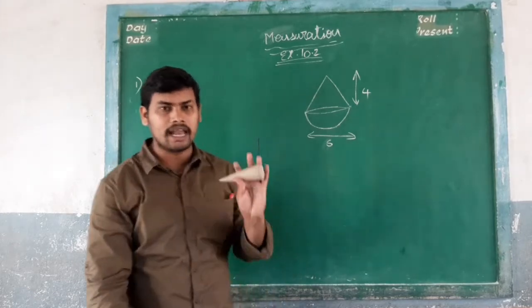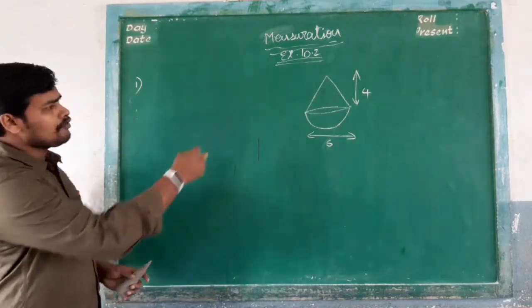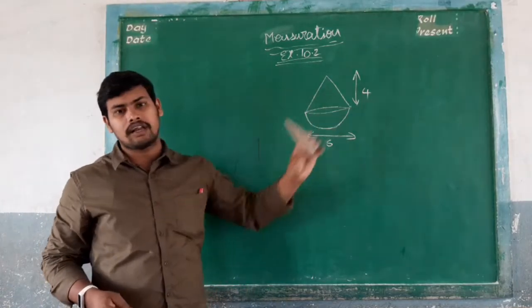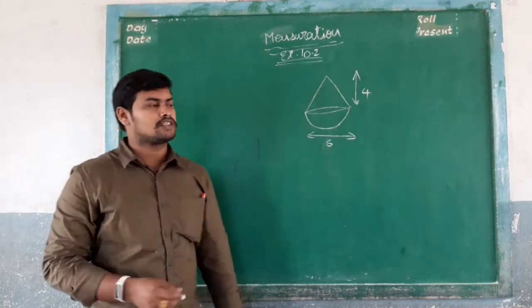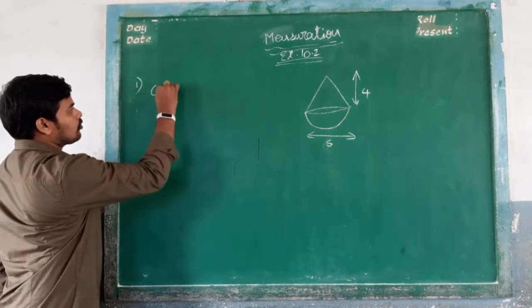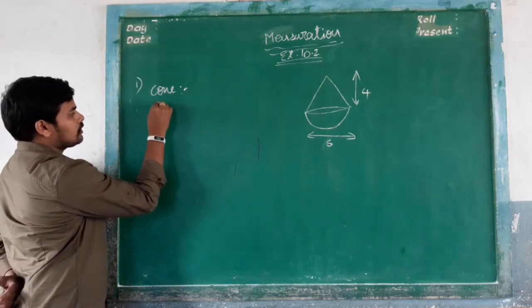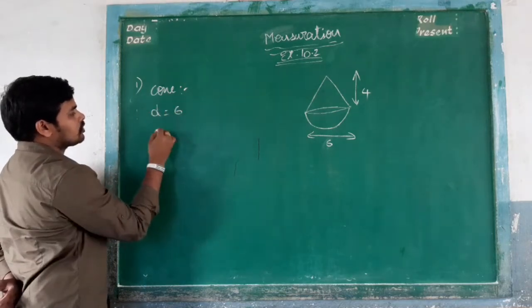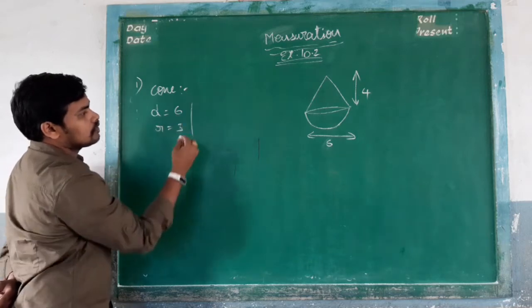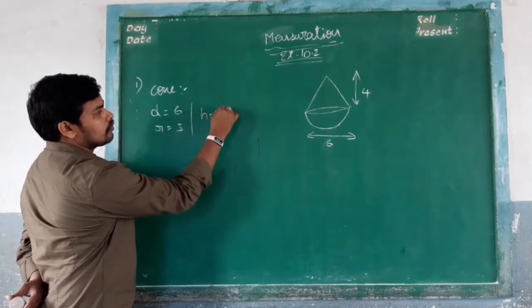Now calculate it. First, the cone: diameter 6, so radius 3. Height 4.